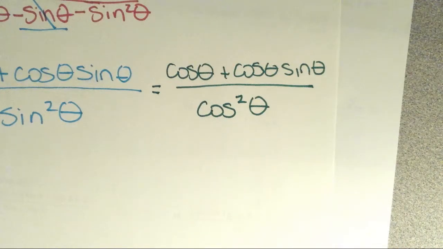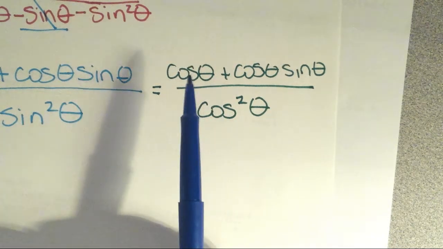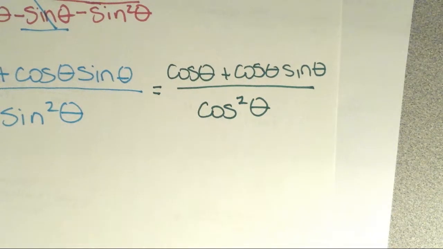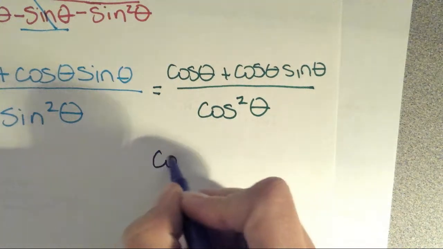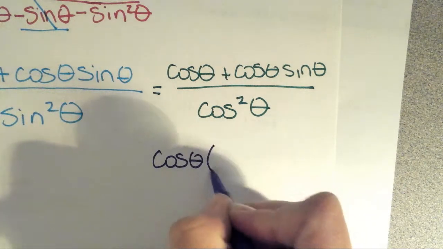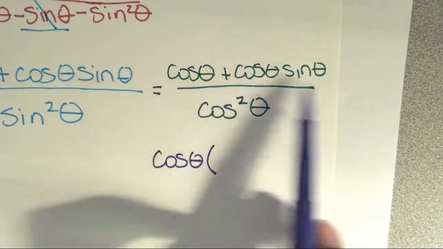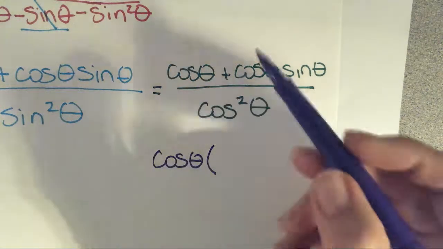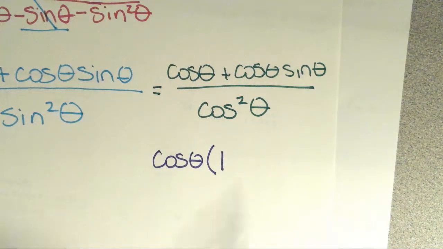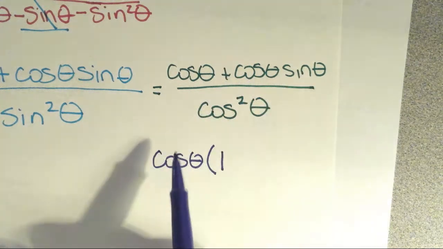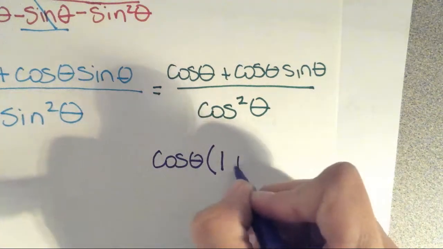Now what we're hoping that you see is that I've got a cosine, and a cosine. So we're going to factor out a cosine. So on the top, I'm going to factor out a cosine, cosine theta, parentheses. I'm going to divide everything on the top by cosine. Cosine divided by cosine is 1. Cosine sine divided by cosine is just sine.